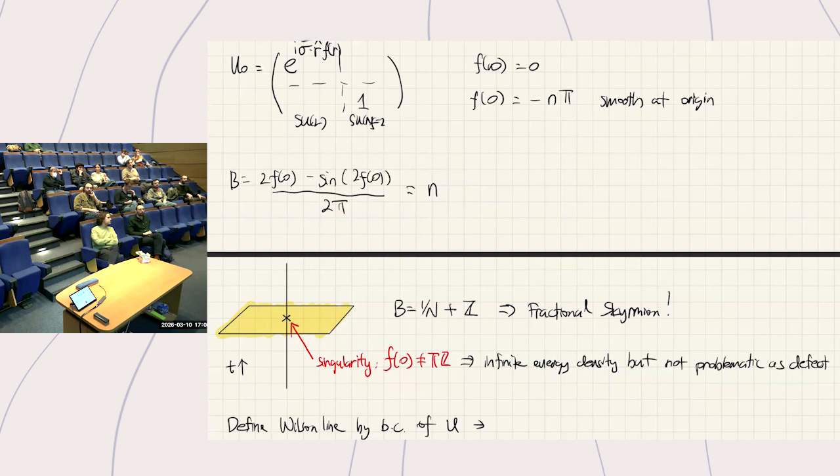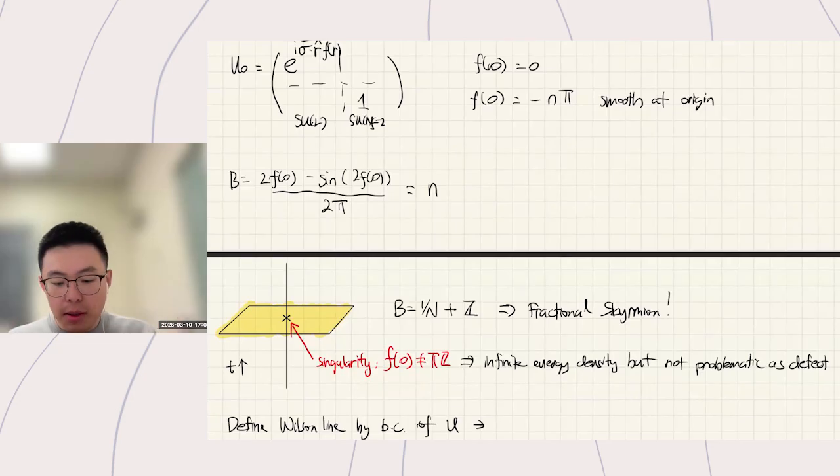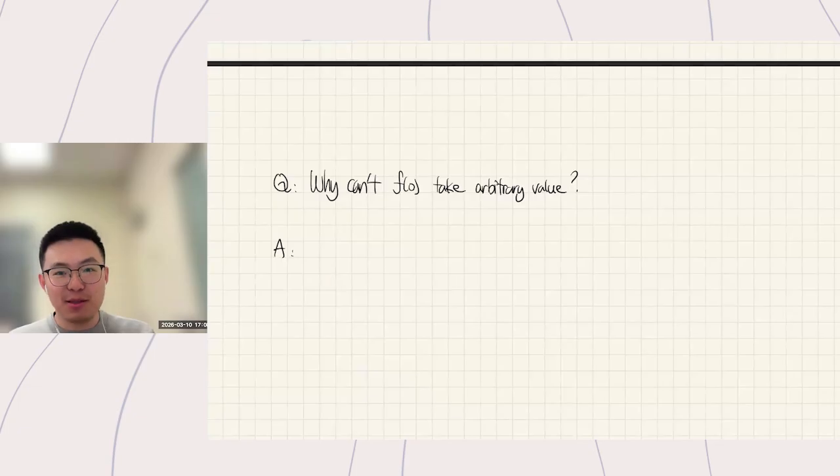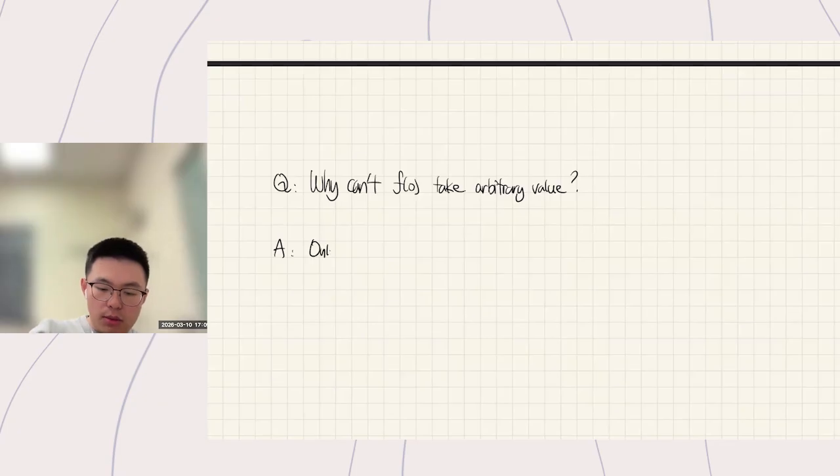Is it quantized in some units, or is it allowed to be anything? That's an absolutely good question, and I'm coming to that. This is basically the next question I'm getting to: why can't f0 take arbitrary values? I can just give you the answer now, and then we can come back to it later. The answer to it is actually very interesting.